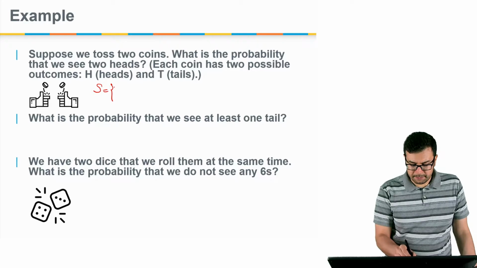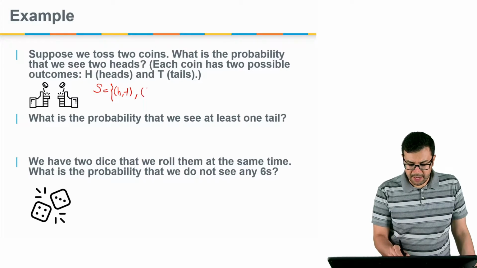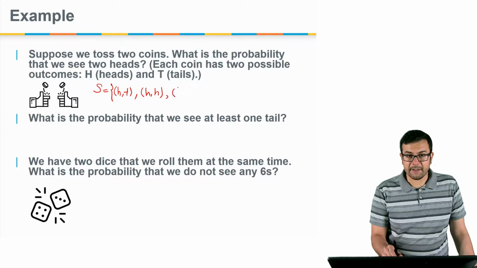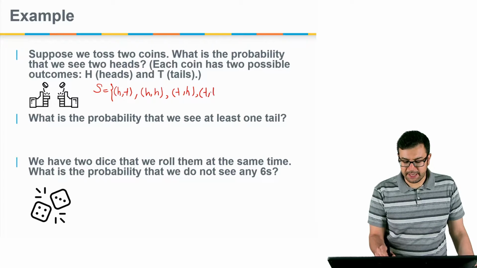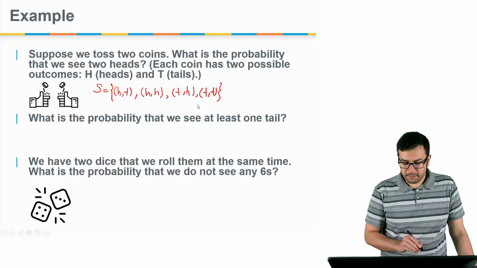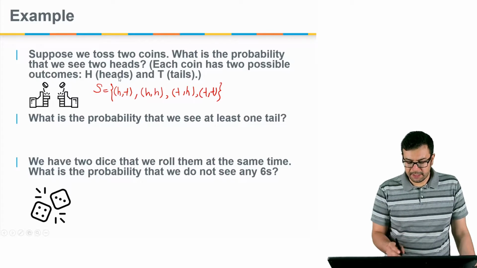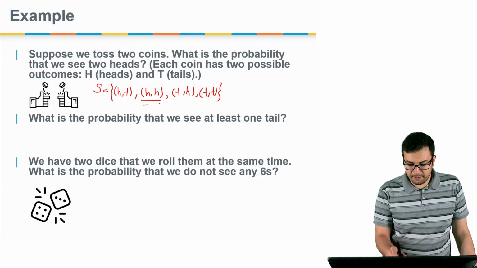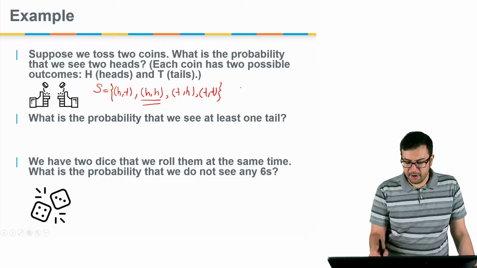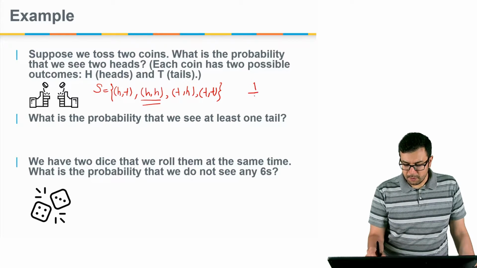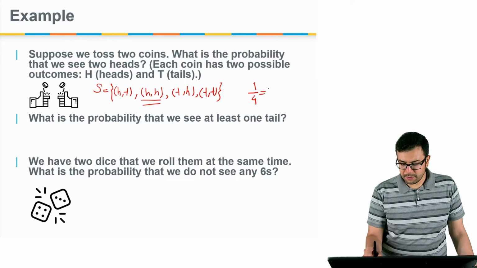We have heads and tail, heads and head, tails and head, and tails and tails. So what is the probability that we see two heads? Well, our favorable outcome is 1 over 4, or 25%.